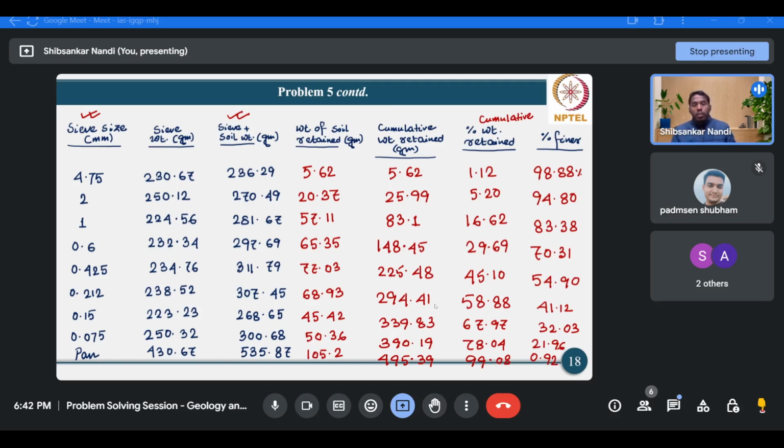So from this calculation you can have a grain size distribution between sieve size and the percentage finer, from 4.75 mm up to 0.075 mm.